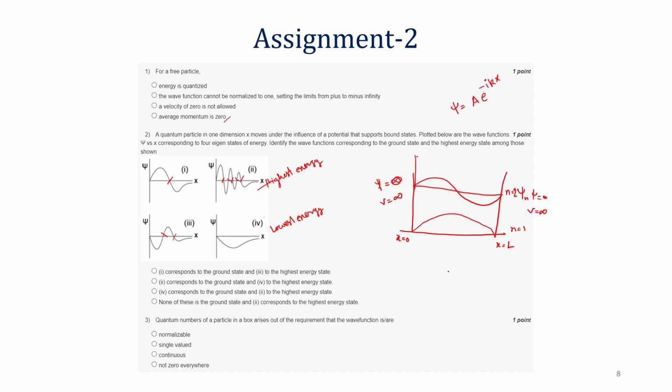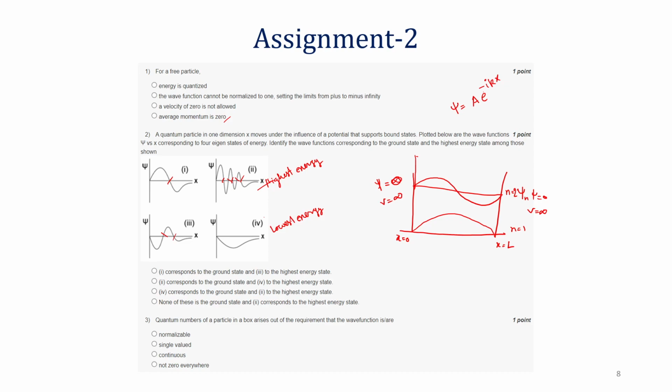But my question is, the reason for this boundary condition is not because of single valued. It should be because of normalizability. See, the reason we went from a free particle to a particle in a box was that for a free particle it was continuous and single valued, but we could not integrate it over the entire space to get a value of 1.